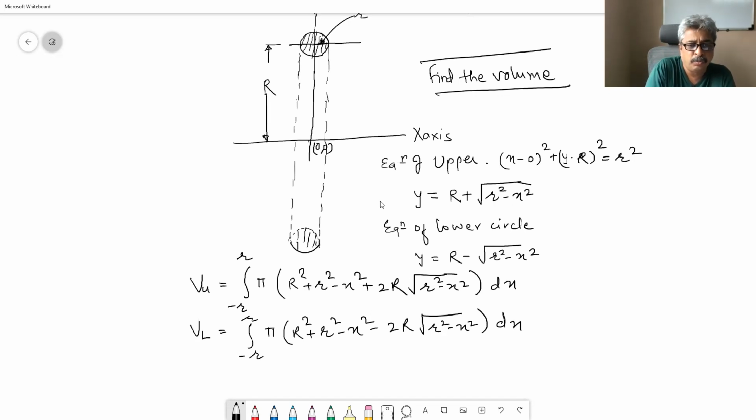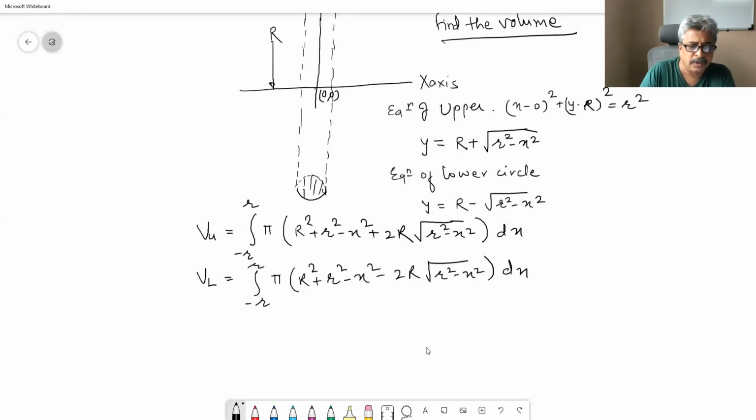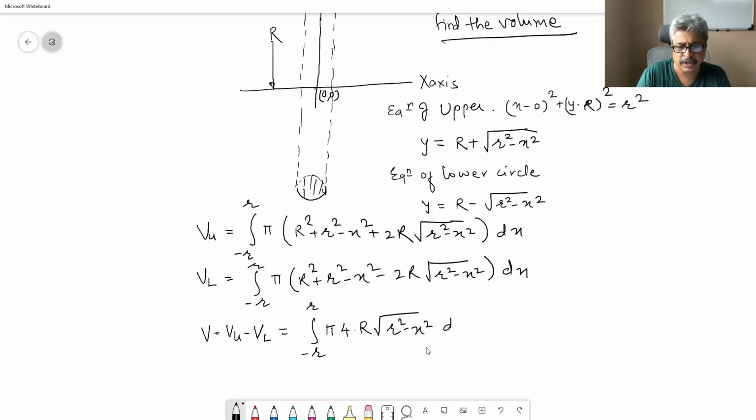So required volume is Vu minus VL, which is equal to, now if you subtract, majority of the things get subtracted, integral minus r to r pi into 4 into R into radical r square minus x square dx.